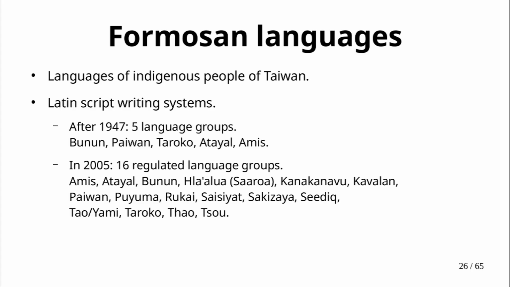And in 2005, there are 16 regulated language groups. The reason we call them regulated language groups is because not all of them are mutually intelligible, due to some reasons, such as the different terms used by each village.